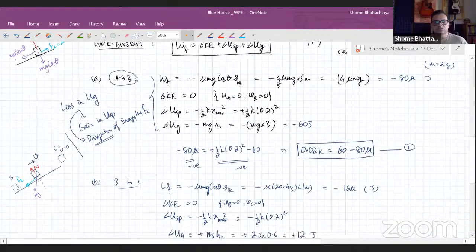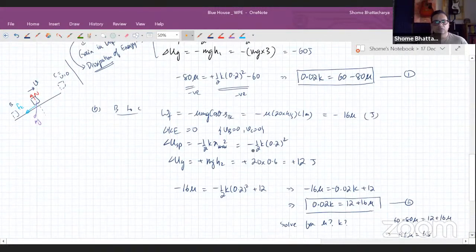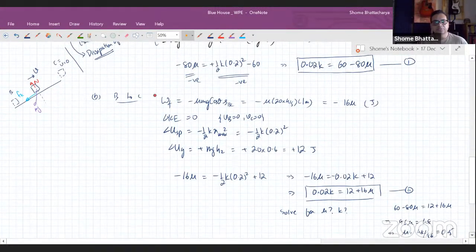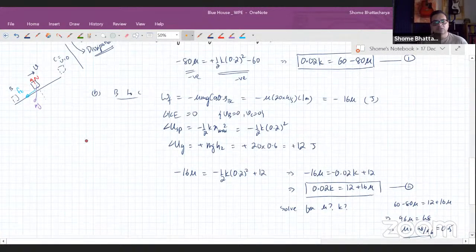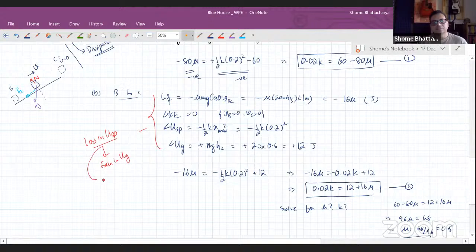Whereas when you come to going from B to C, you can see the spring is losing potential energy. Part of that is going into a gain in gravitational potential energy, and part of that is again dissipated as heat, by the kinetic friction.